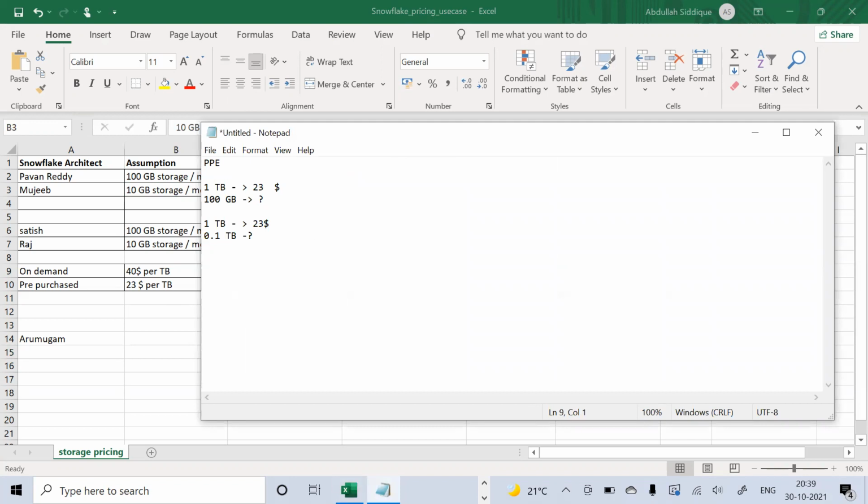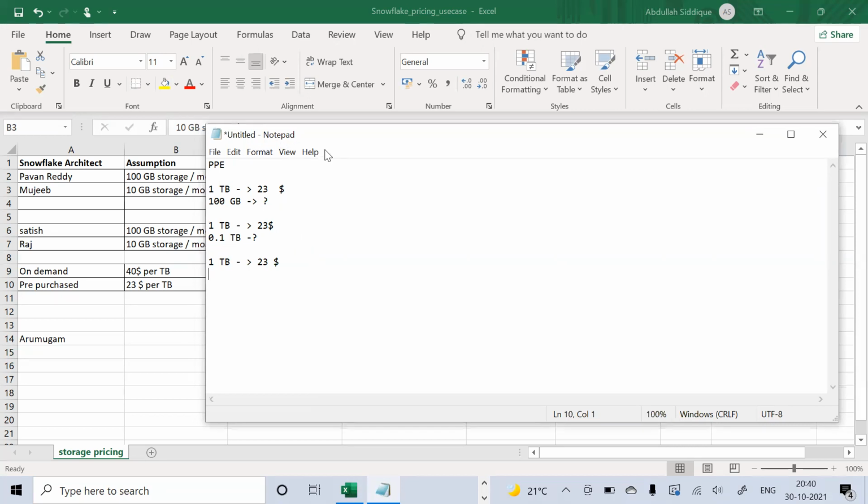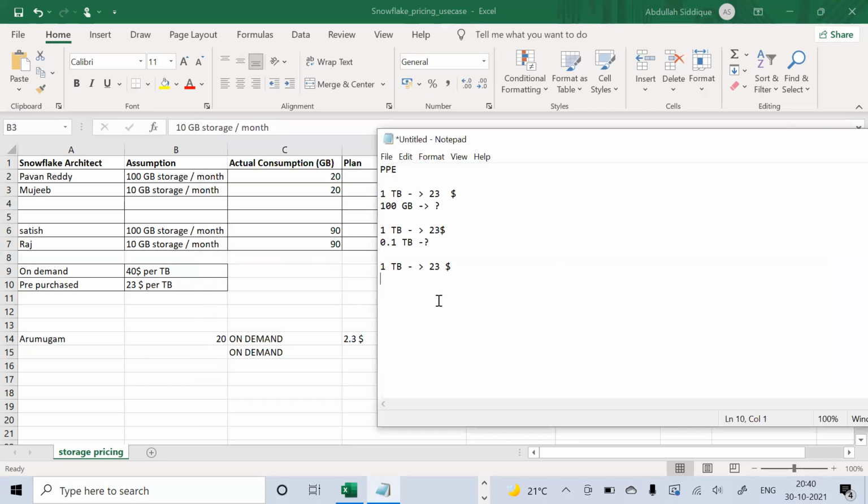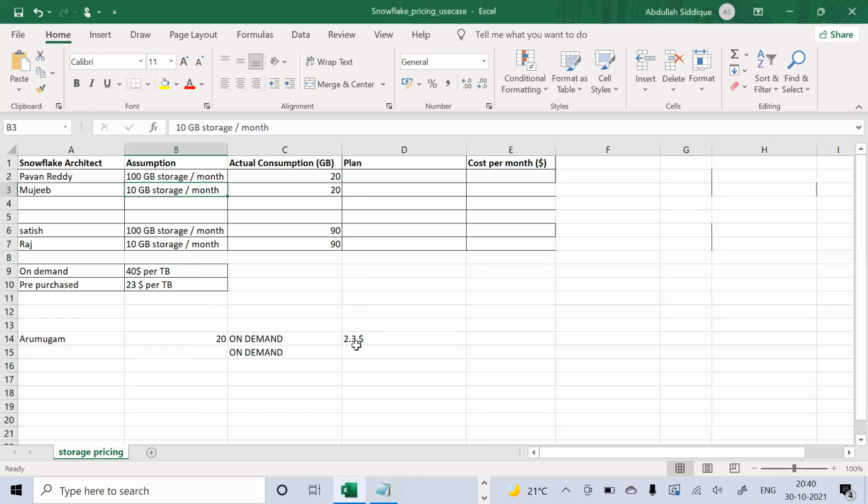So how much will 10 GB be in TB? 10 divided by 1000 is 0.01. So that would be $0.23.